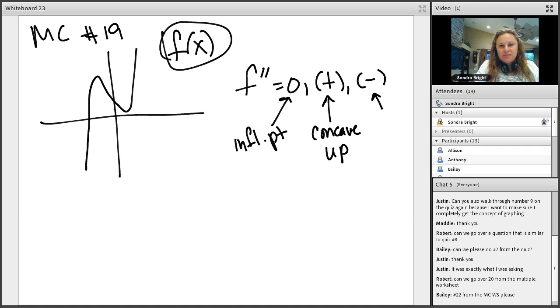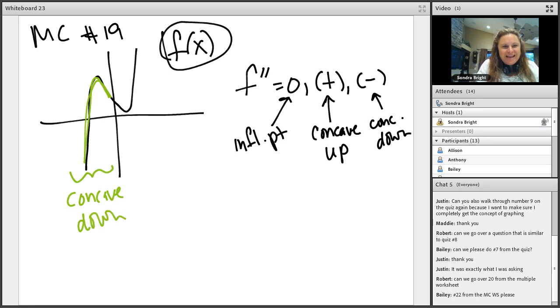And when it's negative, it's concave down. So to me, this looks like it is concave down from here to here, which means it'll be negative on this x interval, right?